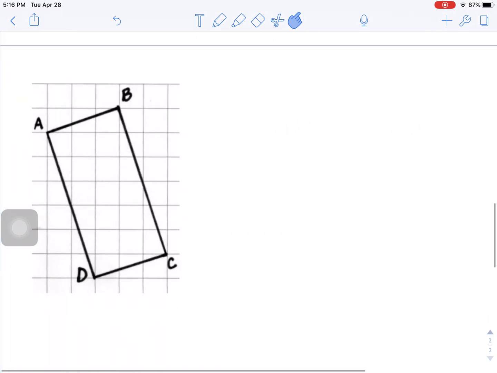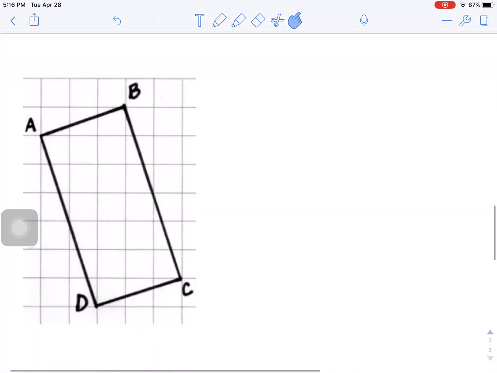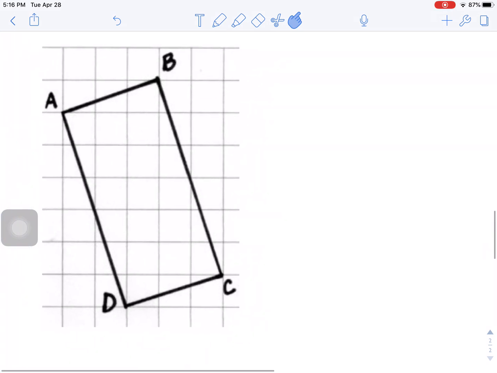Let's look at lines in shapes though, because remember, geometry is about looking at shapes or figures and their attributes, or what makes them. I see that there are 4 line segments here that meet to make a rectangle: line segment AB, line segment BC, line segment CD, and line segment AD.